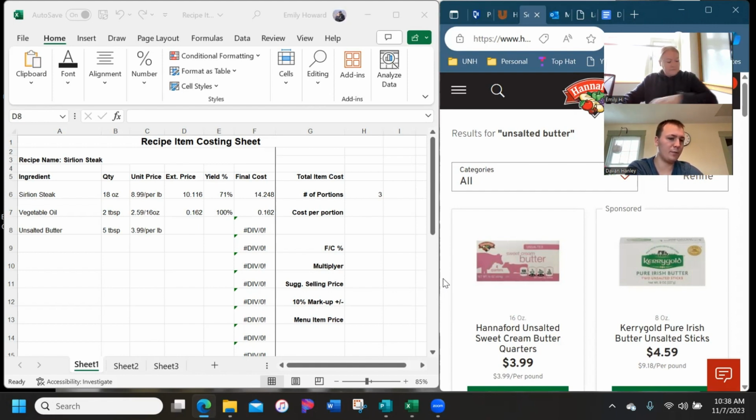Yep, 4 sticks per pound. So 0.998. Yep, but leave it in your calculator. Don't round yet. Okay. And then we want to divide by 8 tablespoons per stick.